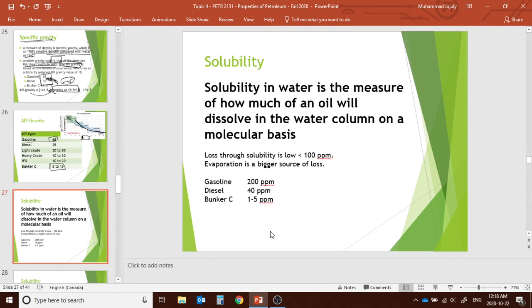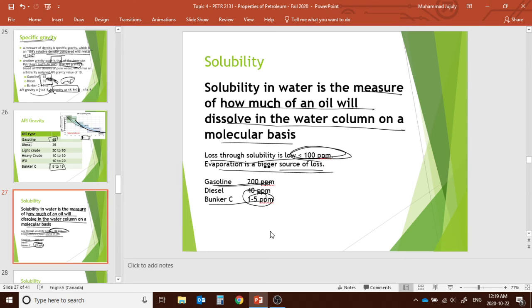Solubility. Solubility in water is a measure of how much of an oil will dissolve in the water column on a molecular basis. The loss through solubility is low, like less than 100 ppm. So evaporation is a bigger source of loss. The solubility of gasoline is like 200 ppm, and the solubility of bunker oil is 1 to 5 ppm.